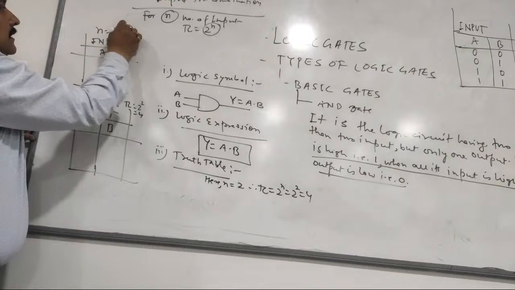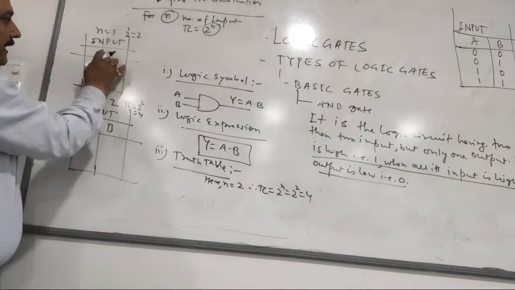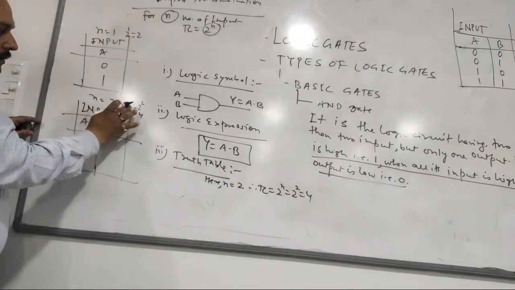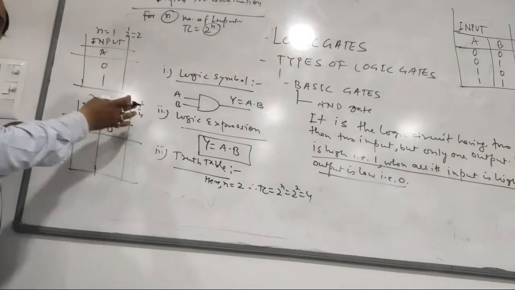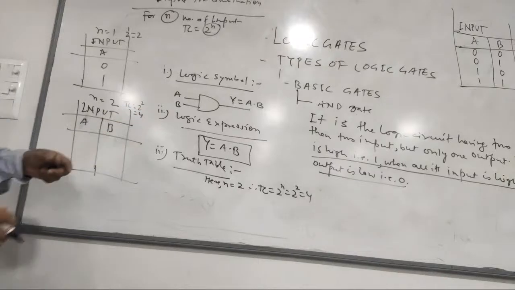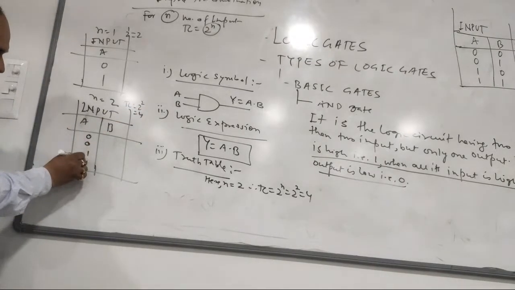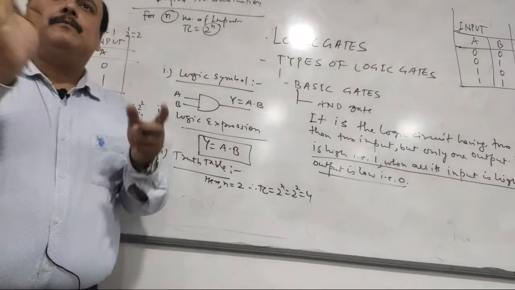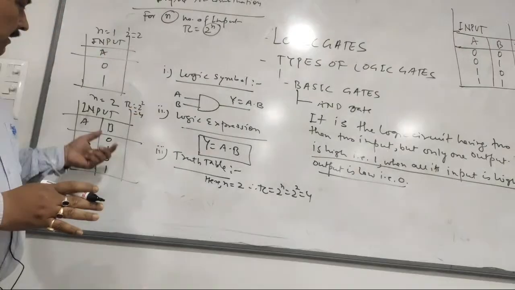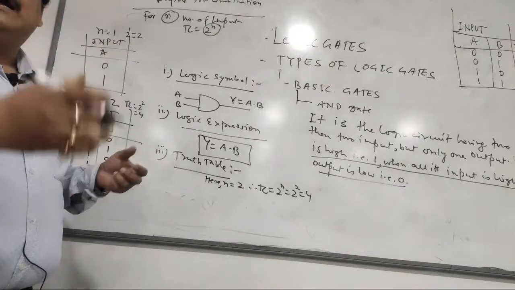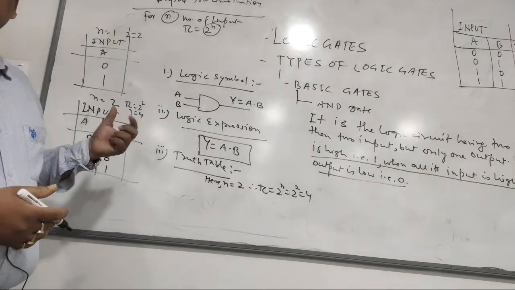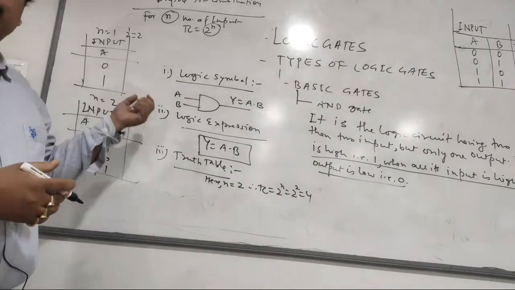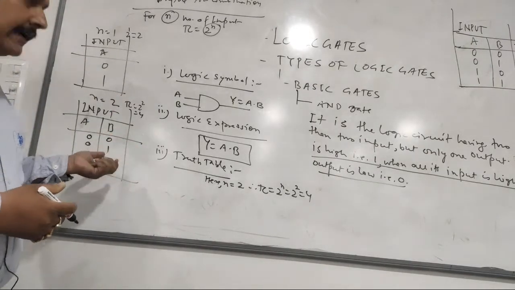The total combination is 4, so we maintain 4 rows. What is half of 4? 2. For the first column, we take half of the total rows, and for the second column, we take half of that. That means half of 4 for the first column, half of 2 for the second column.